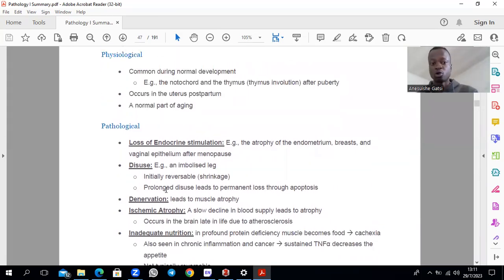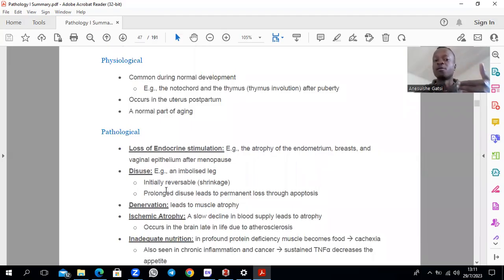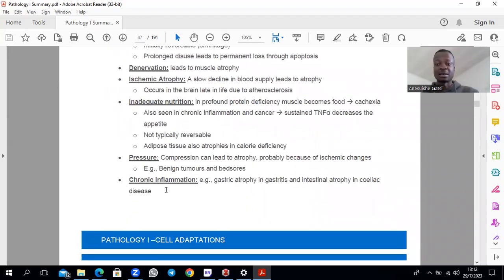But when you go back now to the physiological bits of atrophy, this is where you're thinking about embryology. It may not be important to remember now, but things like the thymus and the notochord involute in size. For example, remember the thymus involutes up until puberty and is just replaced by fatty tissue until a point that it normally disappears.